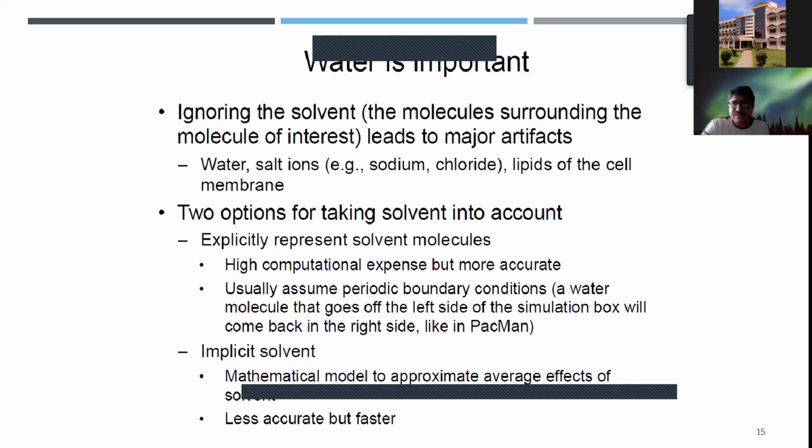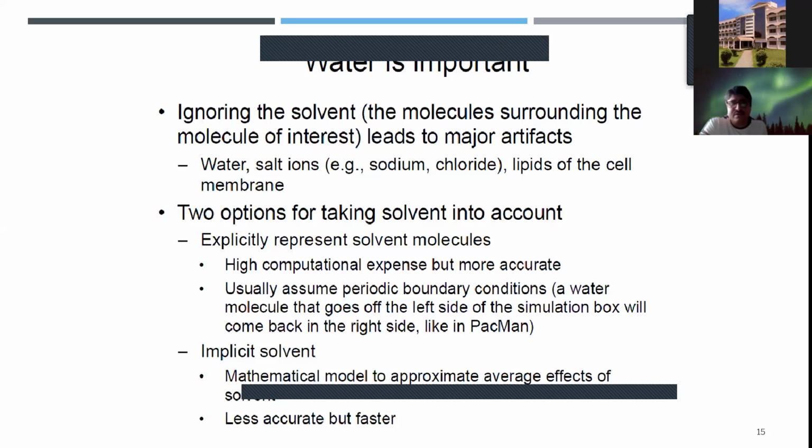The bigger the system, the longer the simulation takes, so it comes with a computational cost. The second option is to use implicit solvent solvation models, like MM-GBSA or PBSA solvation models. We can use that solvation model.